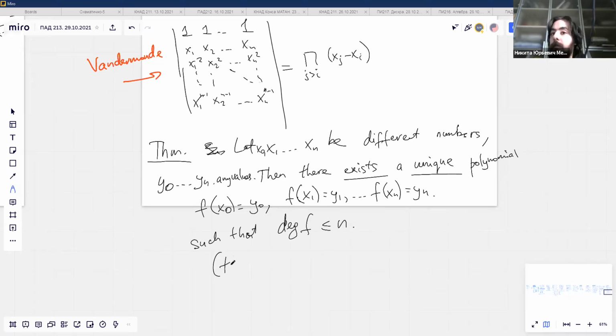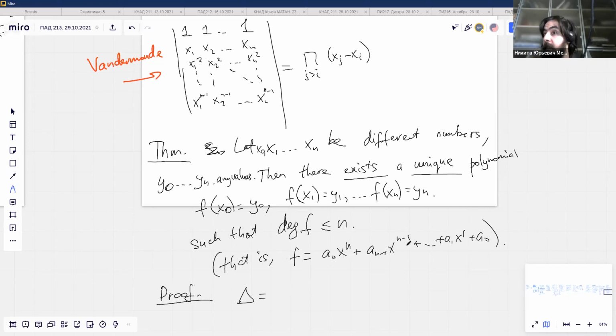That is, f is an times x to the n plus an minus 1 times x to the power n minus 1, etc. The proof is as follows.